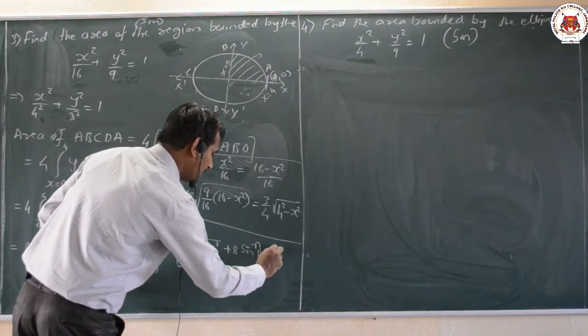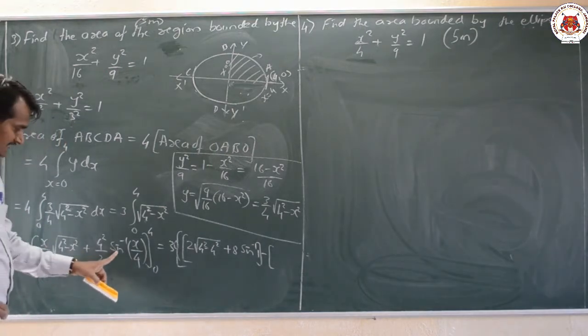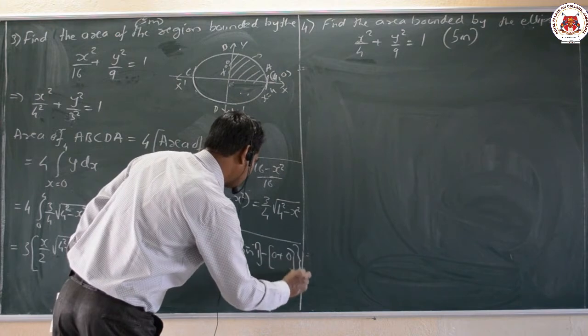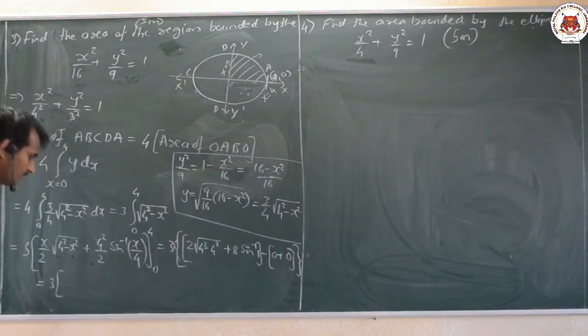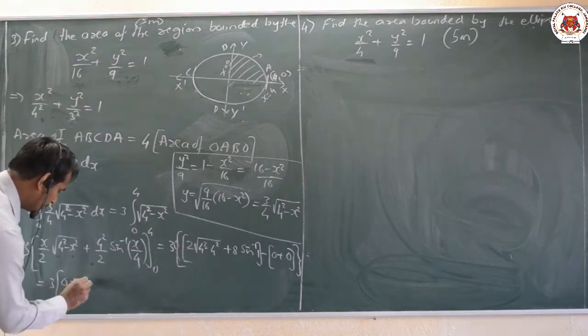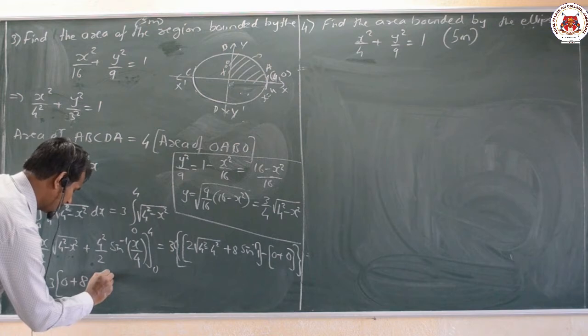Minus the lower limit, which is 0, sine inverse of 0 is 0. That means 0 plus 0. So next we have 3 into 0 plus 8 into sine inverse of 1, and the value of sine inverse of 1 is pi by 2.